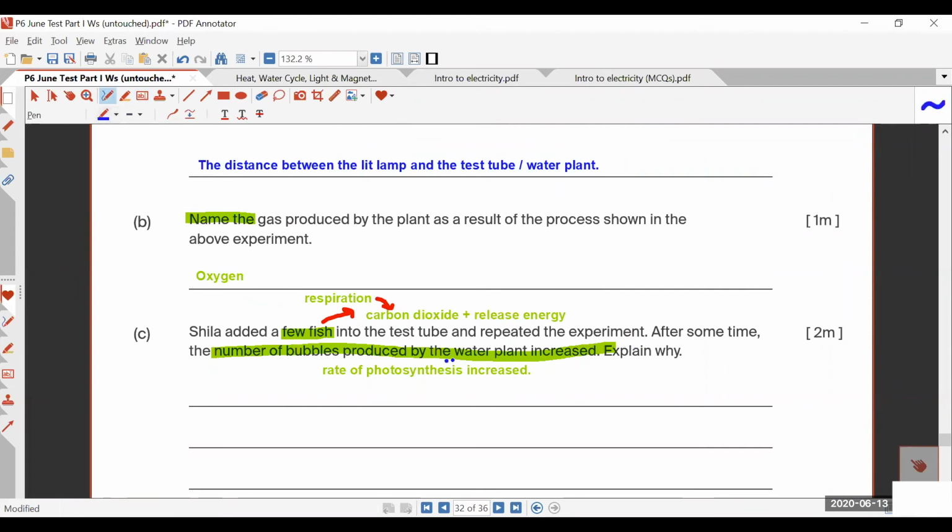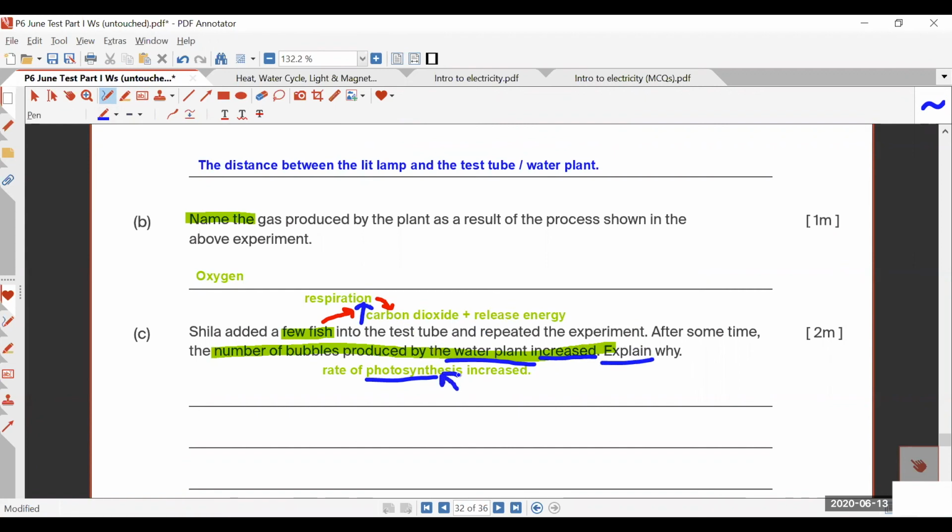The water plant is the one that you want to increase the rate of photosynthesis for, which needs more carbon dioxide. So you introduce fish, you have introduced more carbon dioxide through the process of respiration of the fish. Then you can talk to me about your photosynthesis.